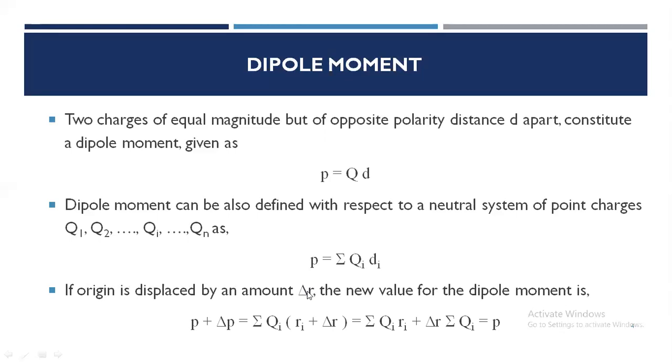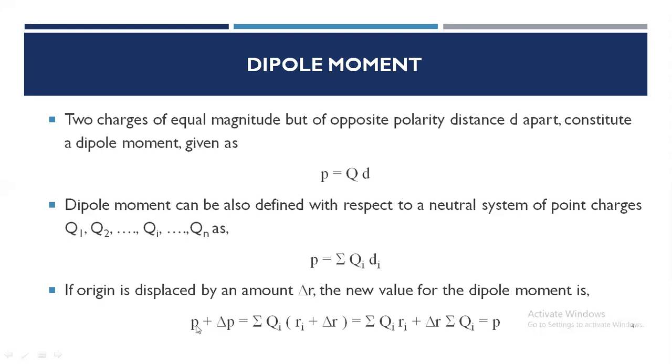In the sense, you can say that it is equivalent to distance d, which is taken from the coordinate system. So instead of d here, we indicate r, and by the change of amount delta r, obviously the dipole moment will change by delta p.